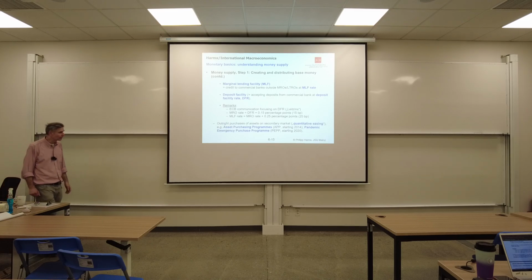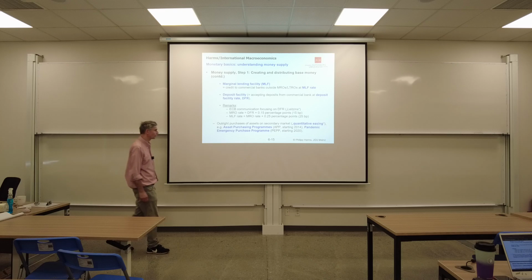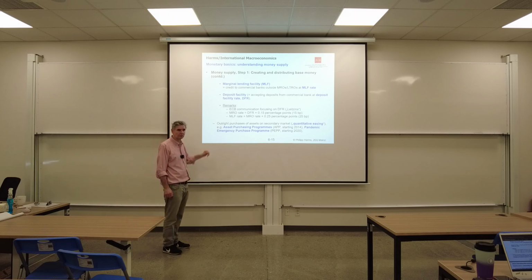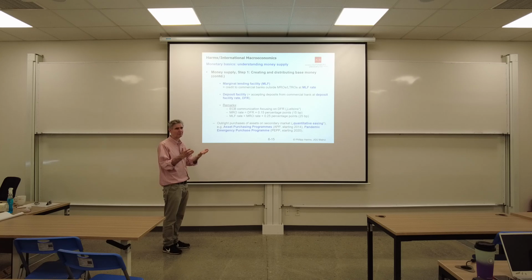What the ECB also does, it purchases assets on the secondary market. That was what it did during quantitative easing. So the ECB and the Fed did something that they would never have done 20 years earlier: go to the financial market and buy government bonds. When the ECB started doing that, people said you are basically violating all the principles that you have defended for decades.